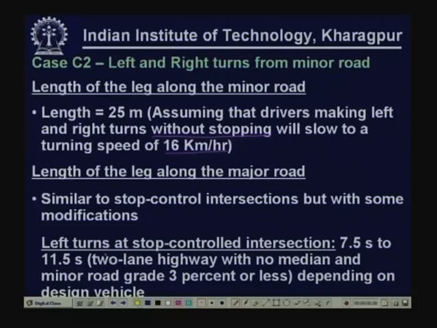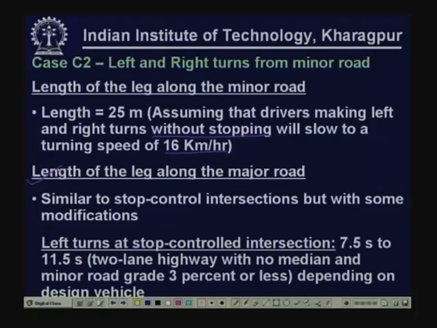So, length of the leg along the major road. This approach is again similar to stop control intersection, but with some modification. Let us see first what was the recommendation for left turns at stop control intersection. The time gap was recommended as 7.5 seconds to 11.5 seconds depending on design vehicle.